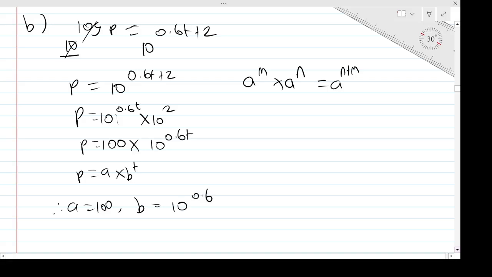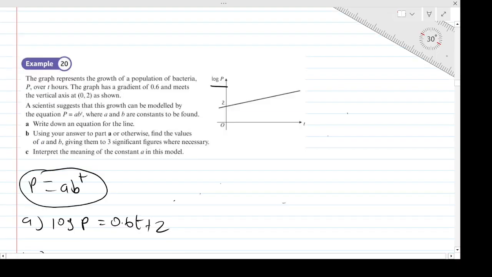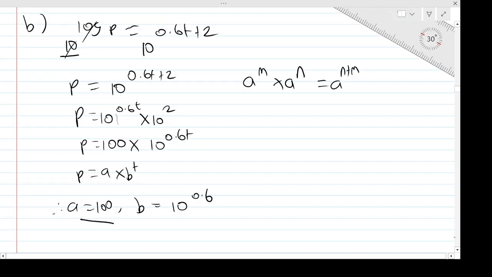Okay? And that is the value of A and B. And then to three significant figures, well, A is 100, that's fine. Then B, 10 to the 0.6. If we were to put that in the calculator, we get 3.98 to 3 significant figures, and there we are.